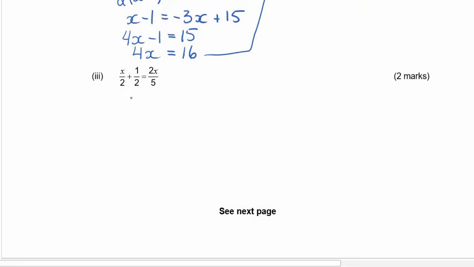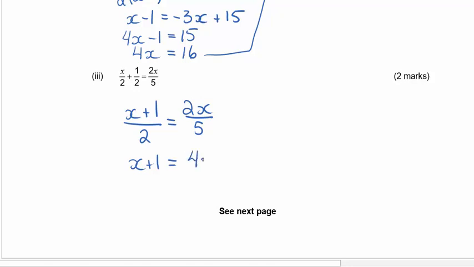Looking at this, the easiest step to explain would be to collect these two fractions together, so add them because they have the same denominator. We can do that very easily. And now I'm going to multiply this 2 over to this side, and when I do that I get x plus 1 on one side, but the 2 only needs to be multiplied to the top of the fraction.